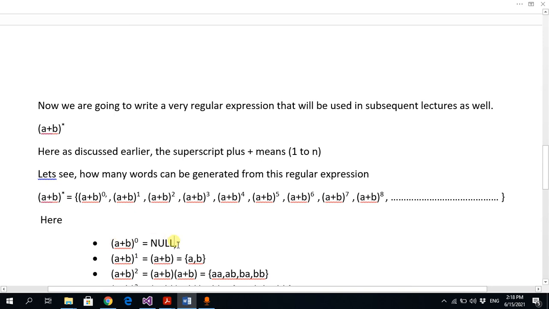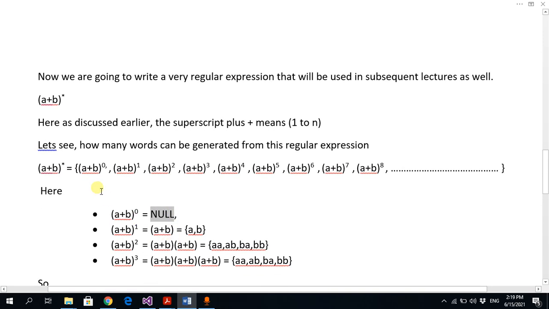And if we assume that this star can assume 1, then it means we have these 2 letters and we can generate these 2 words only. And if we assume 2 here, then it is equivalent to (a+b)(a+b), and like we saw earlier, we can generate these 4 words.